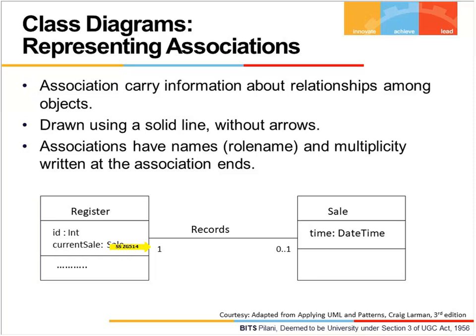right? Now, this particular notation that is very frequently used in class diagrams is derived from the domain model. I repeat, this notation of association lines drawn as solid lines with a role name written on top of it and multiplicity at both the ends is derived from the domain model.